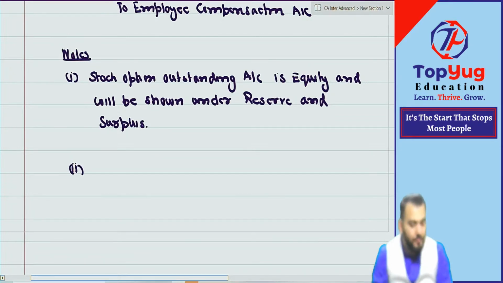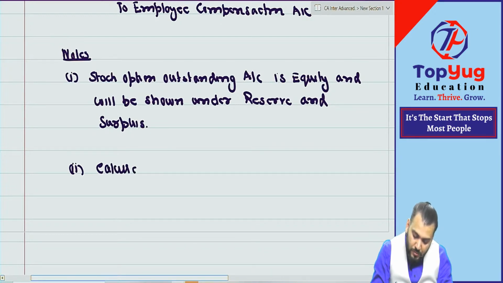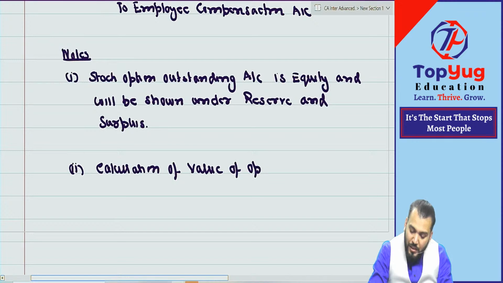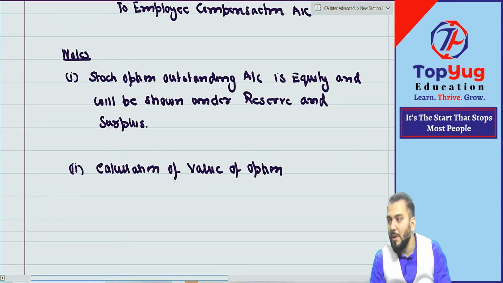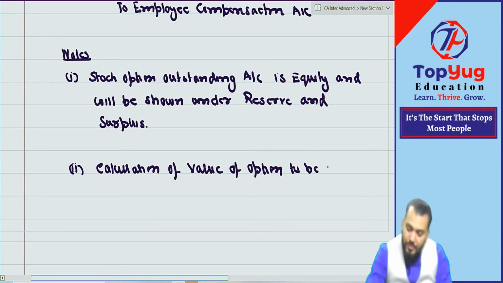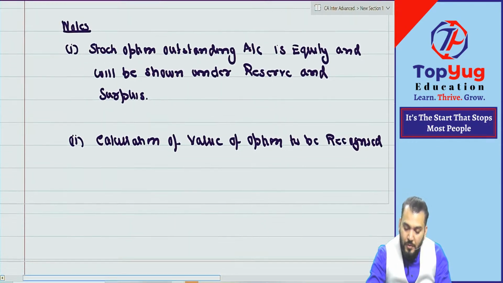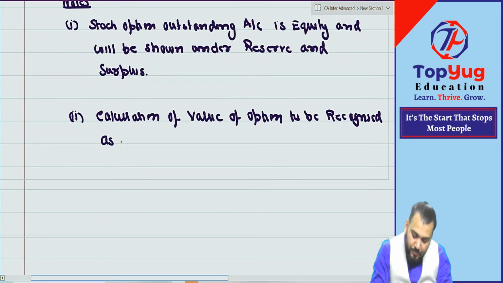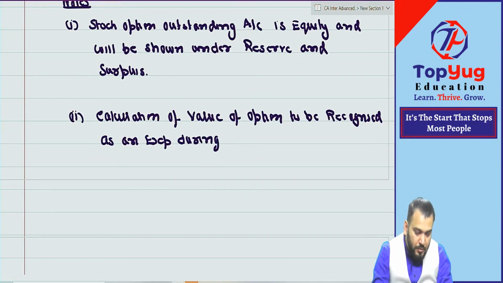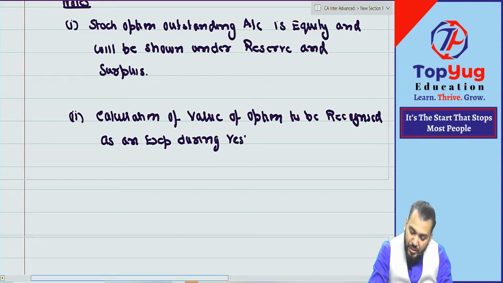Then point number 2, write down. Calculation of value of option to be recognized as an expense during the vesting period.